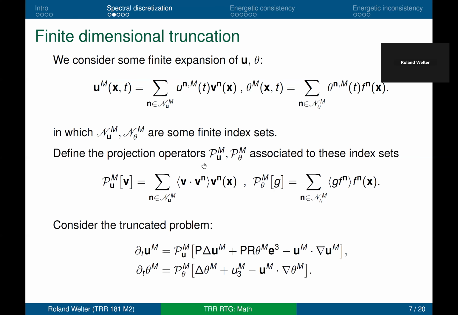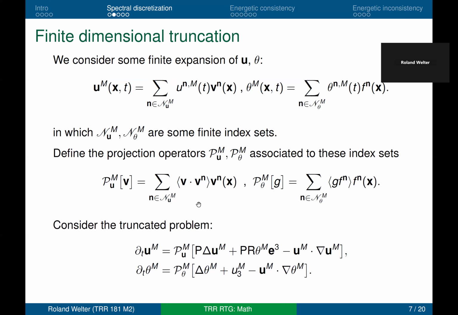Now, we can't expect that a finite dimensional vector field like this one will solve the original problem, Navier-Stokes, because Navier-Stokes includes an energy cascade which trickles energy down from large scales to arbitrarily small scales.